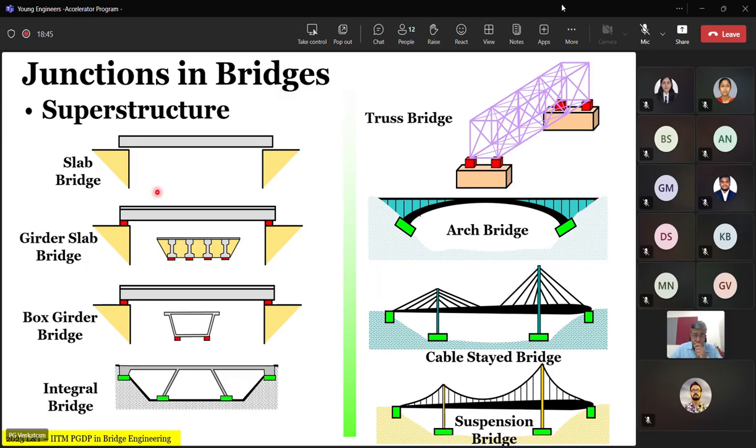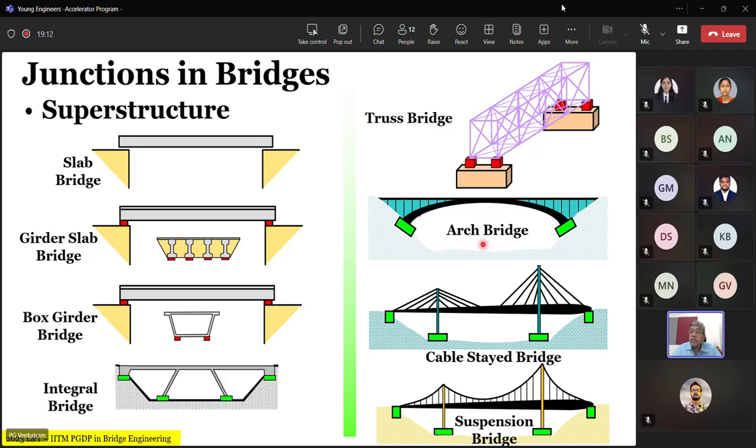You have slab bridges where only one junction is there. You have girder and slab bridges where the junction is defined through multiple interfaces between the girders. You have box girder bridges. You have integral bridges where junctions are defined in a slightly different fashion. You also have junctions for truss bridges, where there's an overall external junction and the internal junctions.